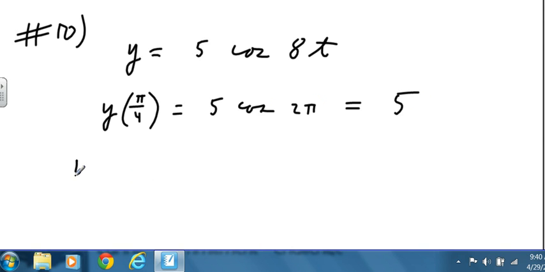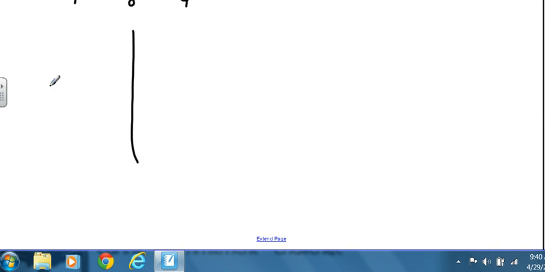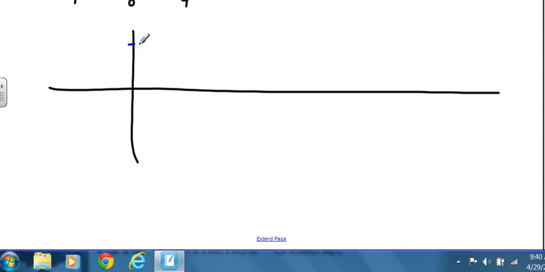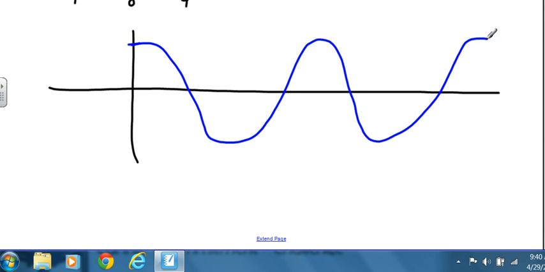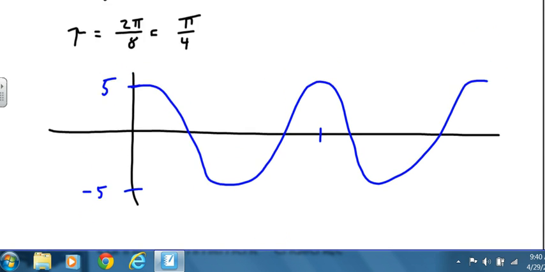Now we're going to graph this. Well, what's the period? The period is 2 pi over 8, also known as pi over 4. So now we make a graph of a cosine function. It starts high, it goes down, it comes up, and it goes all the way up to 5 and all the way down to -5, and it repeats itself every pi over 4.